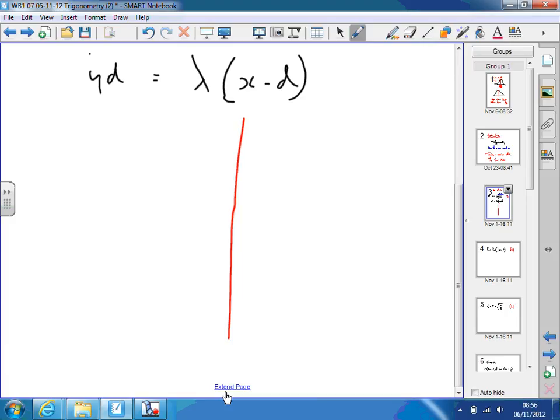Let's first of all multiply out the brackets. So if on the right hand side I multiply out the brackets, that means every term inside the brackets is multiplied by every term outside. Multiply out the brackets.